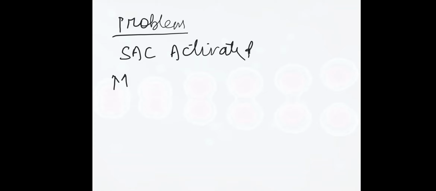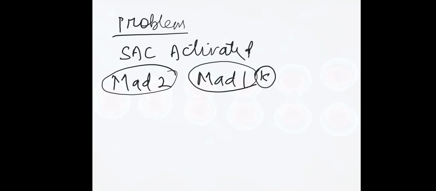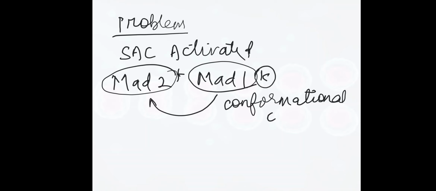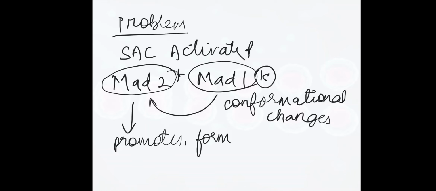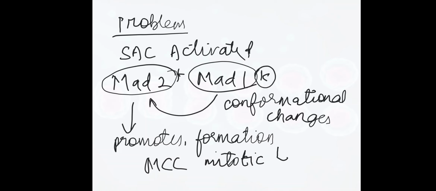MAD2 interacts with MAD1 at the kinetochore, facilitating conformational changes in MAD2 to promote the formation of the MCC, the mitotic checkpoint complex.